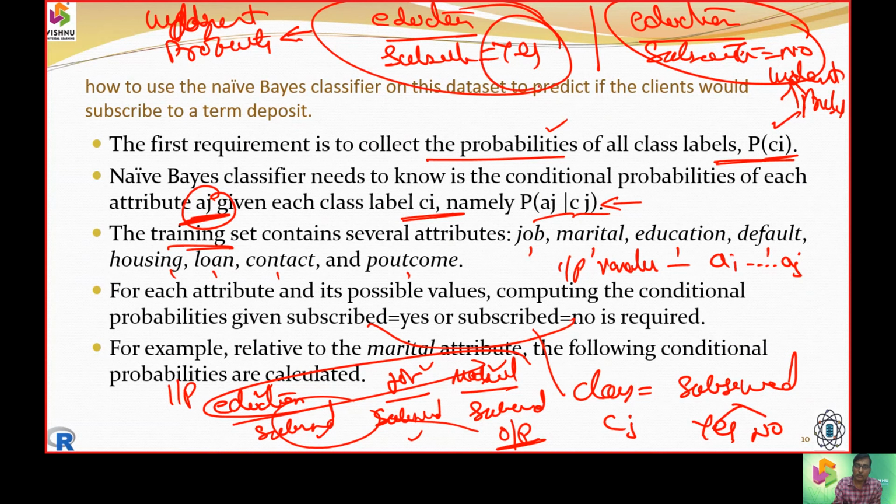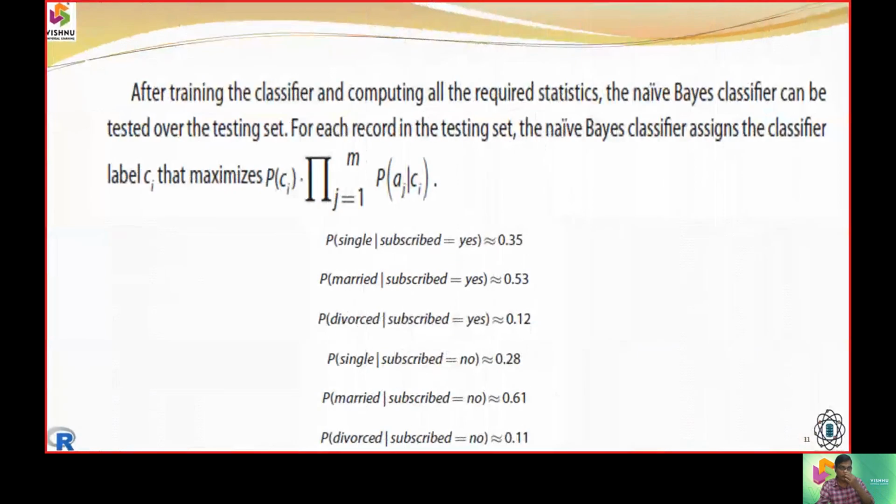We have to compute for yes, and similarly we have to compute for no. Unless we compute each independent variable against the subscription independently, we cannot take the work forward. That is how we work with a naive Bayes classifier.